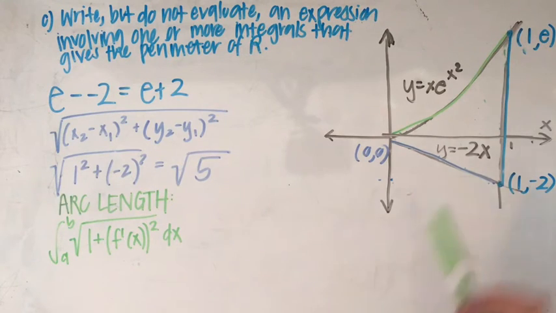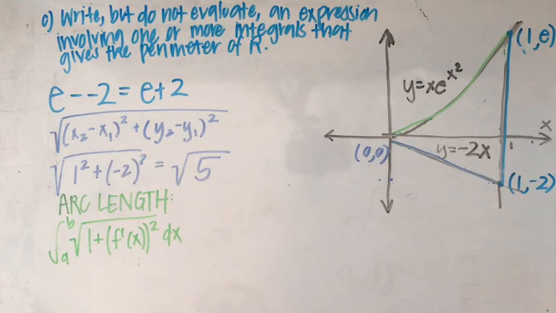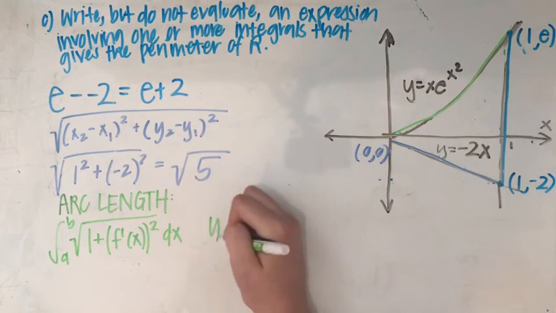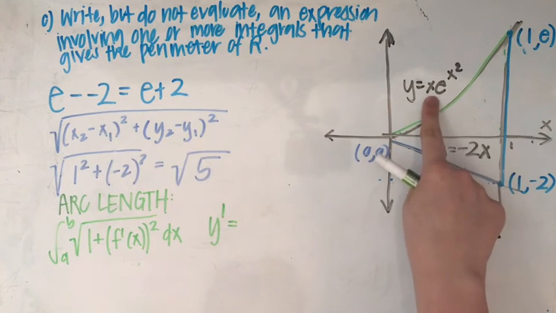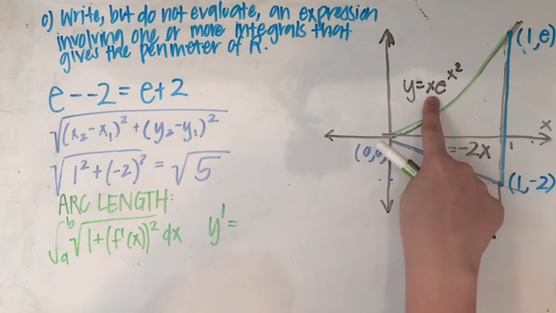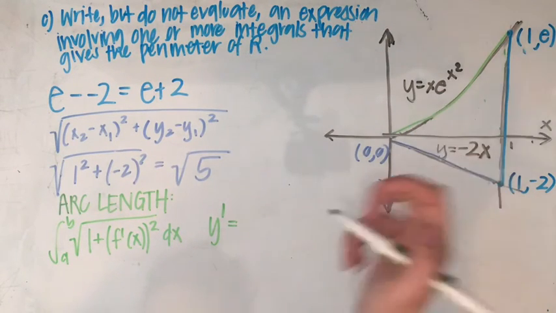So in order to find the arc length of this, we first need to find what y prime is. And for that, we're going to have to use product rule, right? So first we're going to do the derivative of x, which is just 1, times e to the x squared.